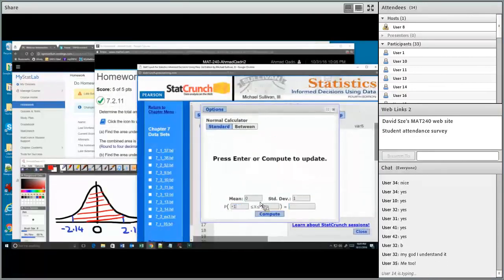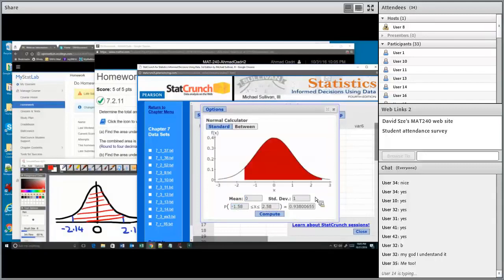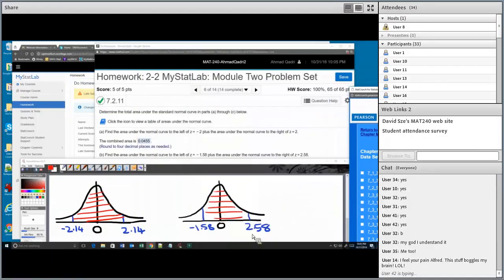Okay, again, I'm not going to change the mean and the standard deviation because we're talking about standard normal distribution, right? So keep that the same. Put the values that you're looking for, highlight the area, you get 0.9380. That is the answer. The diagram matches what you had.